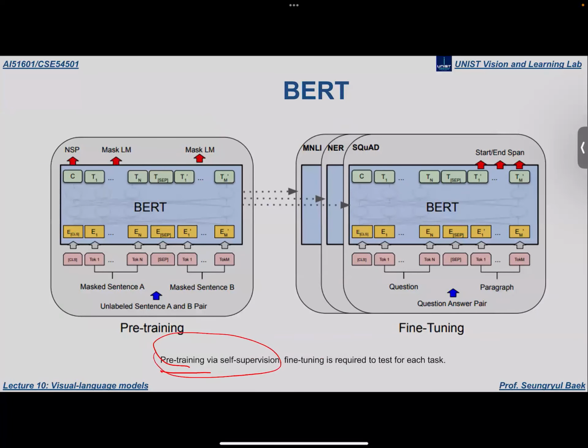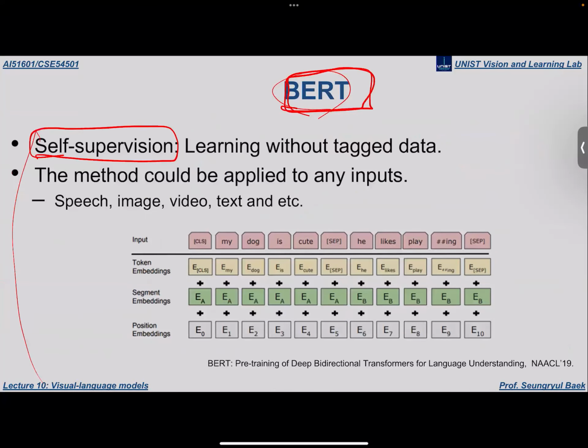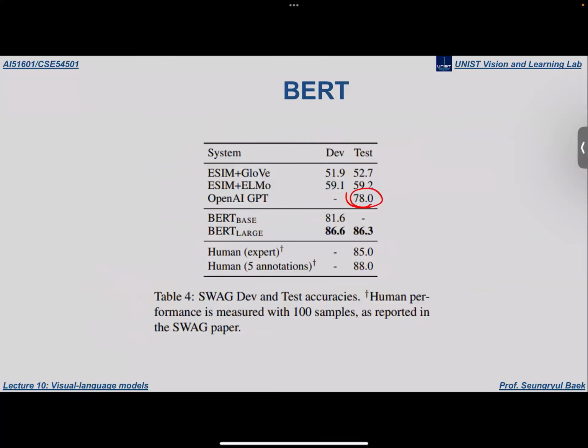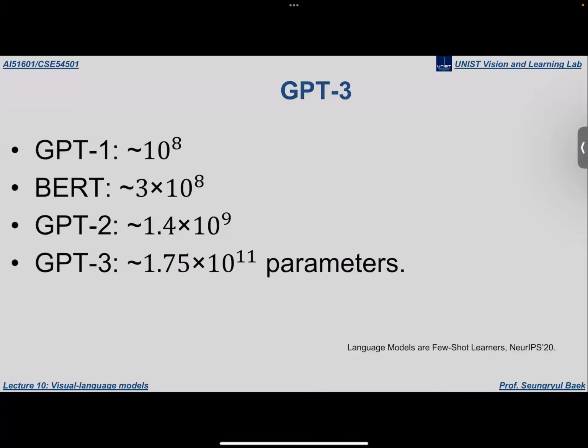They pre-train the entire architecture via self-supervised learning, and they fine-tune on the specific downstream task. So the concept is similar to GPT-1, but BERT records better performance compared to GPT-1. So among the large language models, BERT beat GPT-1. That happened in 2019. And then GPT-3 appeared in a paper in 2020.